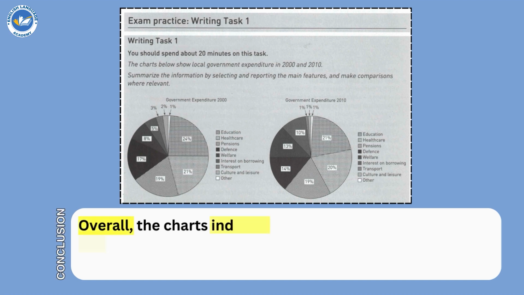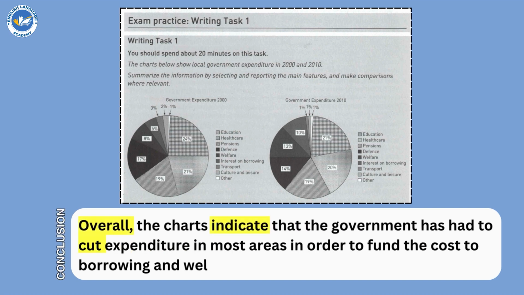And finally, the conclusion. The student again has a strong opening here. He uses the adverb overall. We use overall generally to summarize or indicate the general outcome or summary of a situation, taking all the aspects that we mentioned before into account.